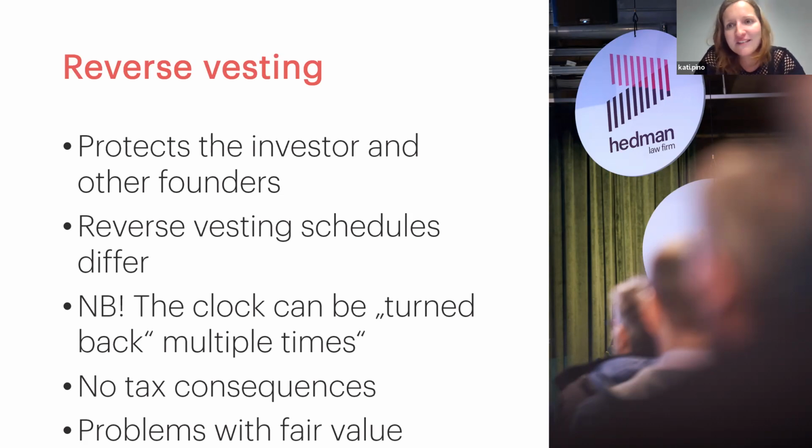And this can be done. There is nothing in the law that says otherwise. And the investors do like using it because they want to ensure that the founders are devoted and still engaged with the company.